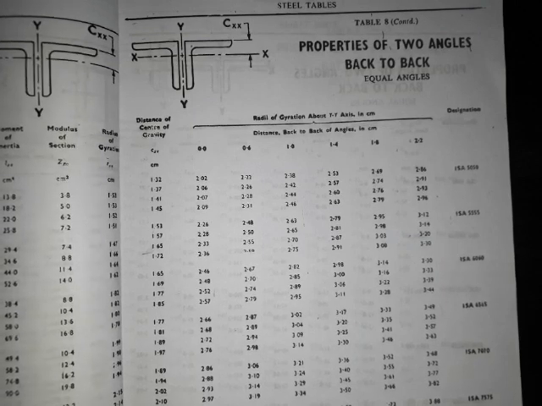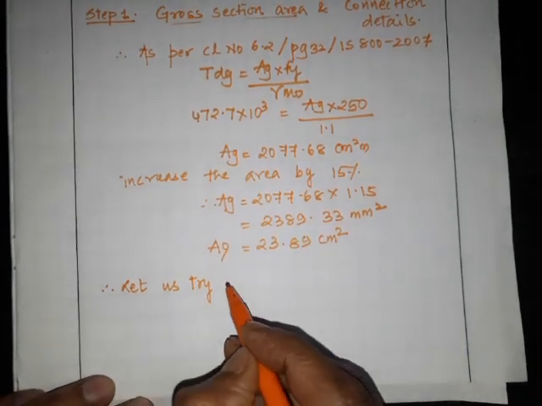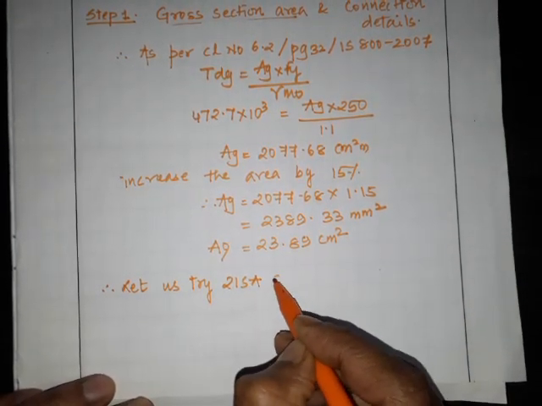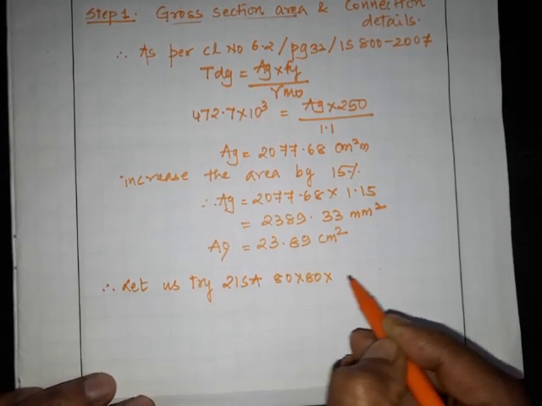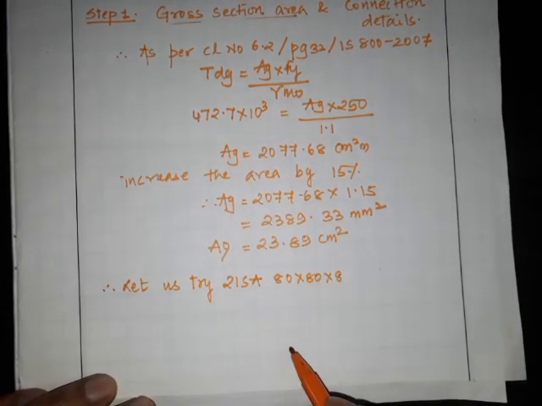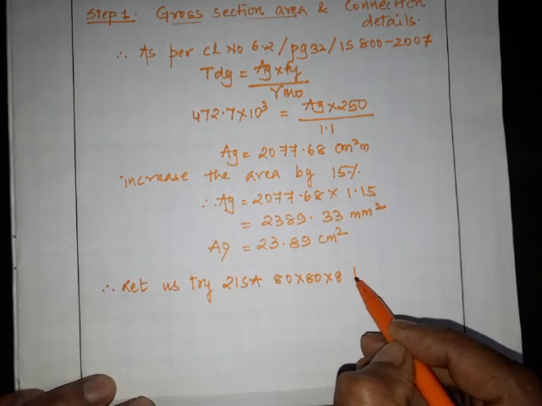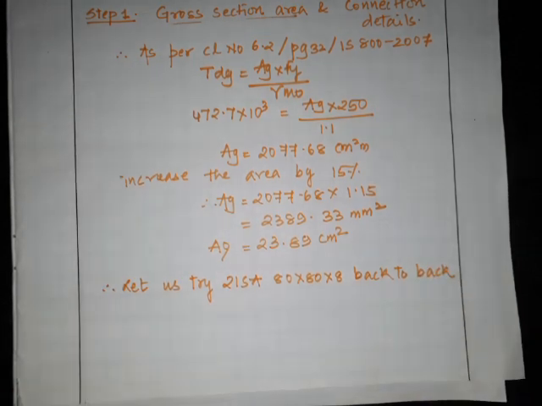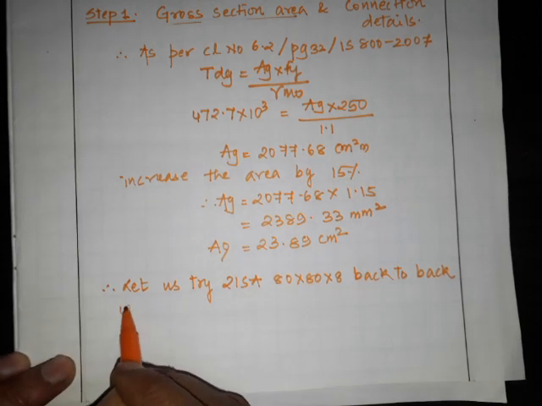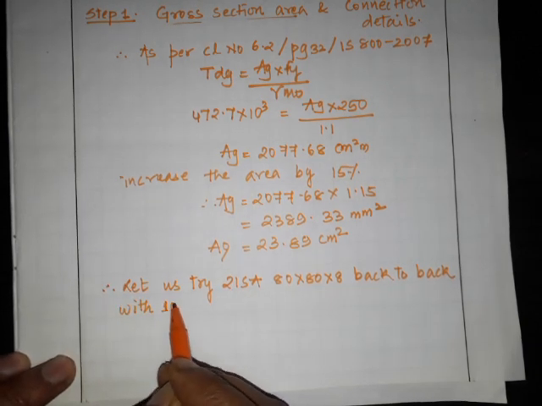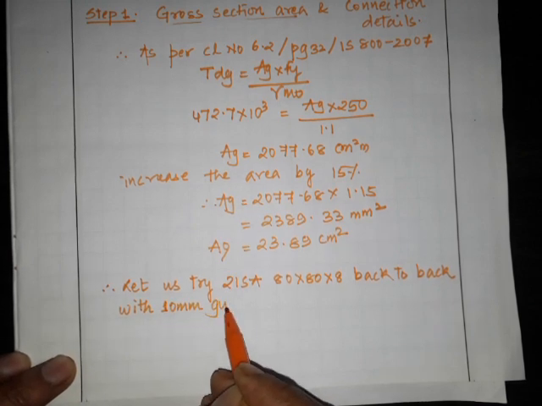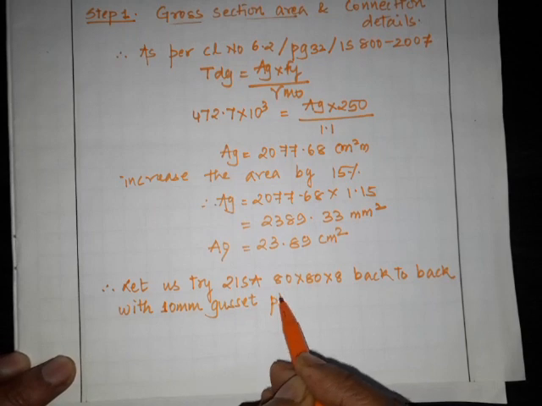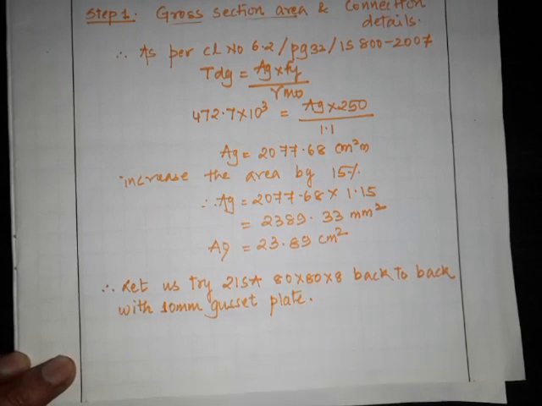Okay. So we will note down the properties from steel table here. So let us try 2 ISA 80 by 80 by 8 back to back with 10 mm gusset plate.